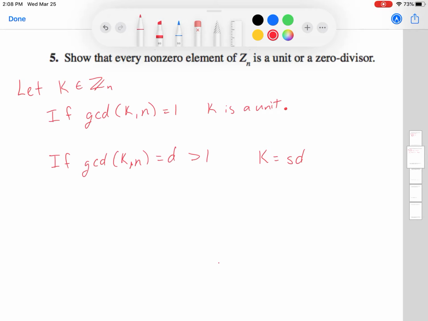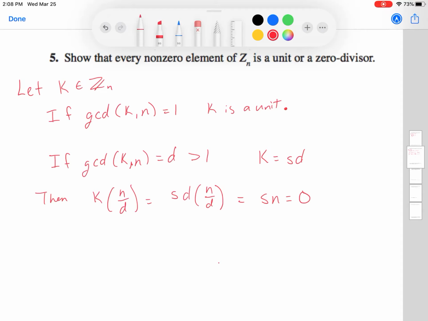Something times d is k. And then we would have from there that k times n over d is equal to sd times n over d, which is equal to sn, which is equal to 0.